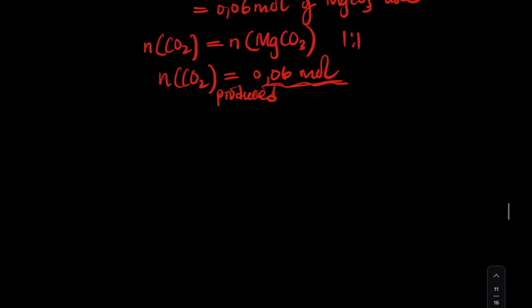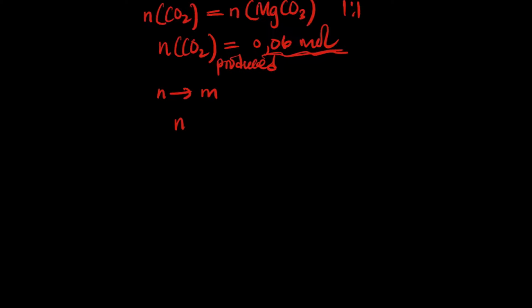So it has to be what? Mass. So we convert this number of moles into mass. Number of moles is equal to mass over molar mass, and the number of moles is 0.06, and the mass is the one that we want.